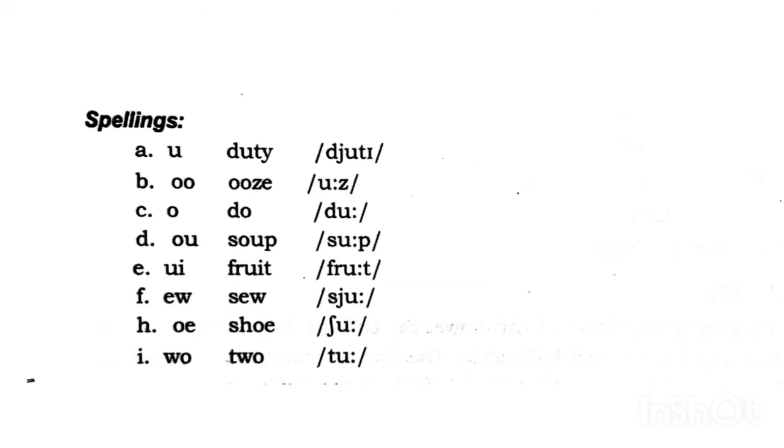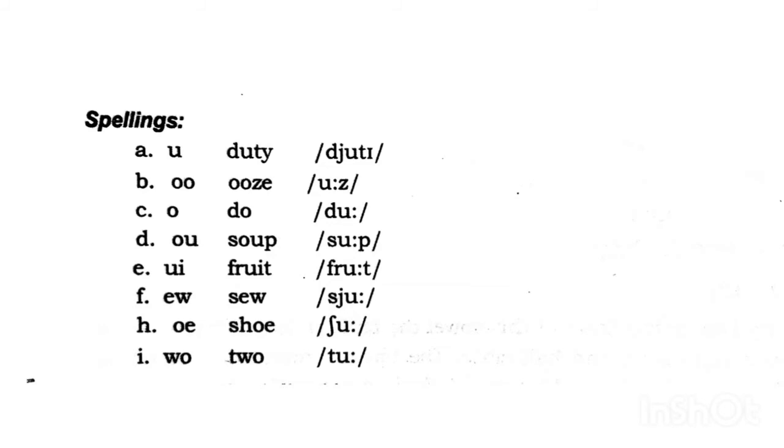The next word, soup. O and U, two letters, stand for the vowel sound oo. Coming to the next word, fruit. U and I represent vowel sound oo. Then sew. E and W stand for the vowel sound oo.